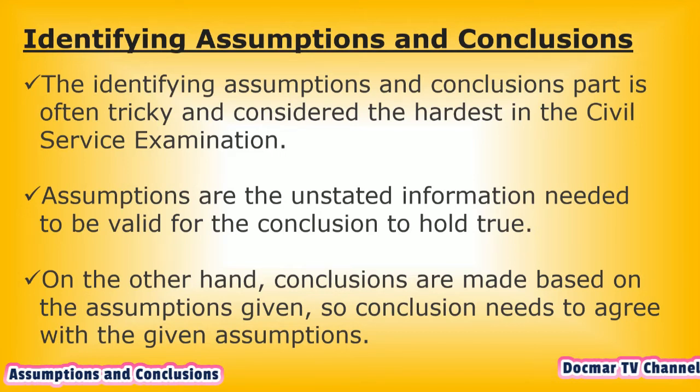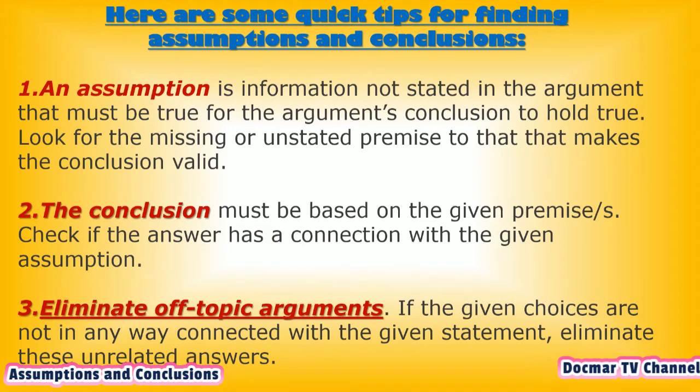So our statement assumptions must be read properly and we need to give it attention so that our conclusion will agree with the given assumptions. These are the quick tips for finding assumptions and conclusions.